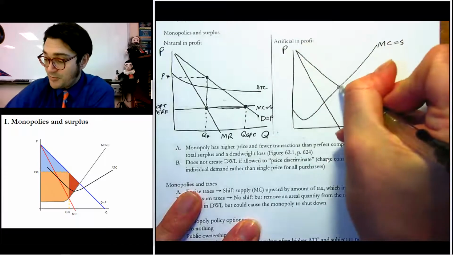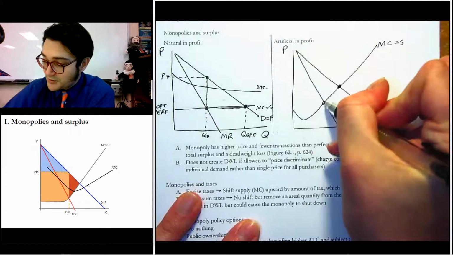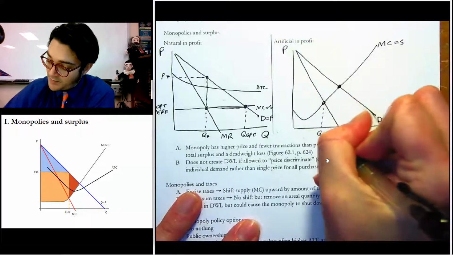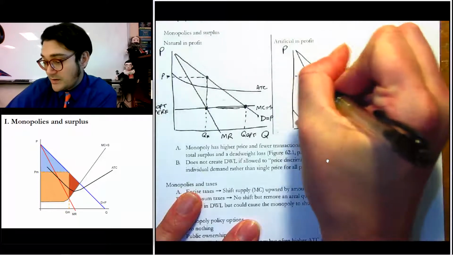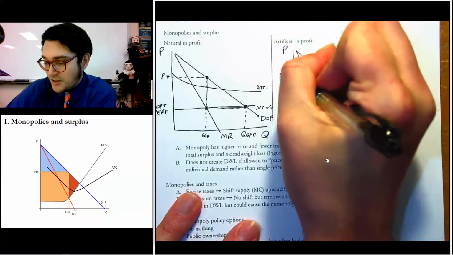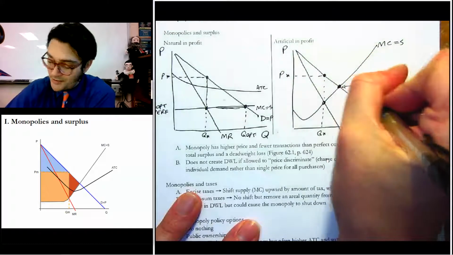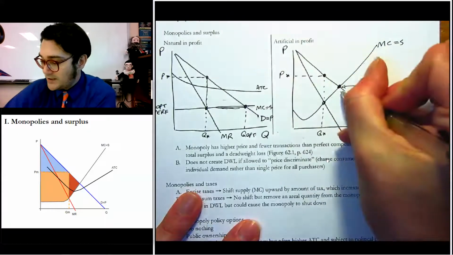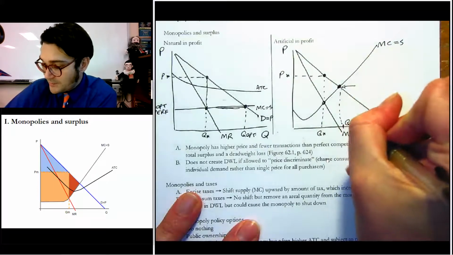They should be producing right here, but instead they're where marginal revenue equals marginal cost, and they price higher. They price way up here. This is the P star where they actually produce, but we know that the optimal would be right here. That would be Q optimal.